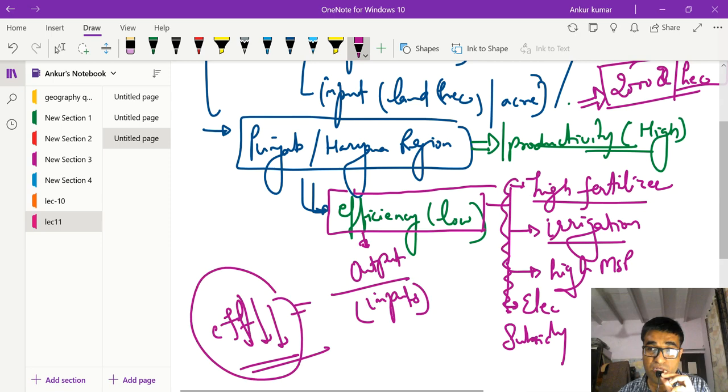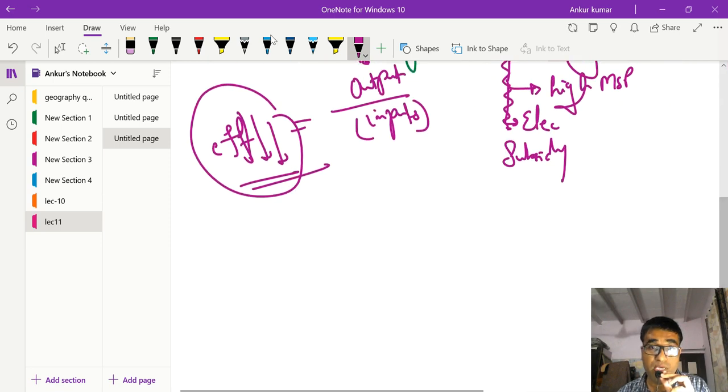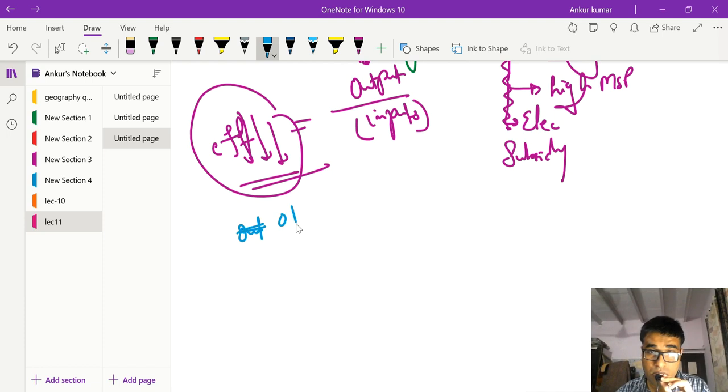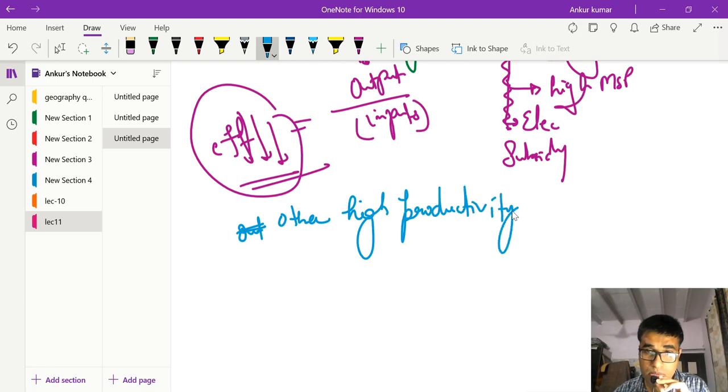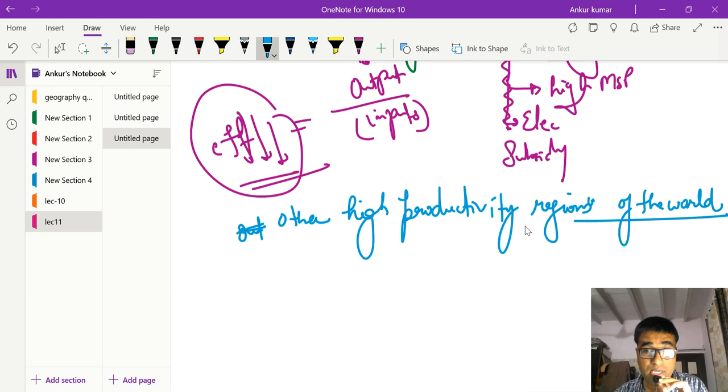Similarly, the other high productivity regions of the world. What are the other high productivity regions of the world?